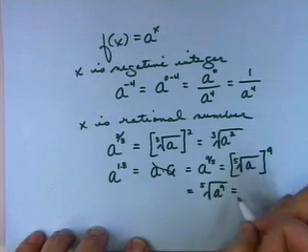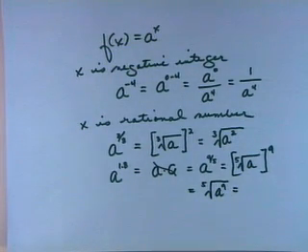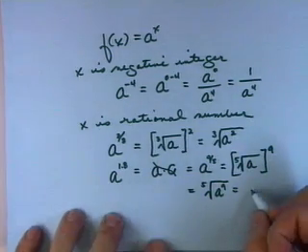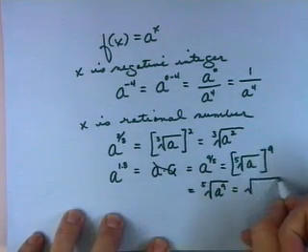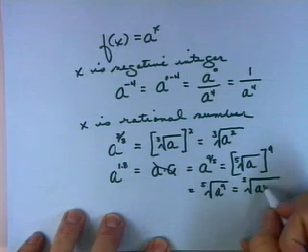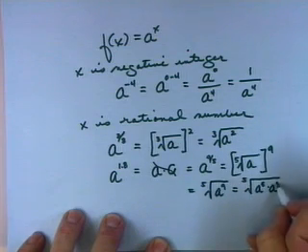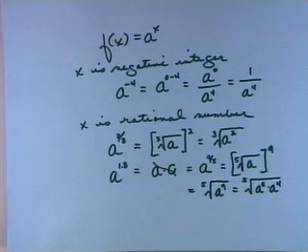There is a perfect power of 5 under the radical, so we can take the 5th root of a to the 5th. A to the 9th is a to the 5th times a to the 4th. So the 5th root of a product is the product of the 5th roots.